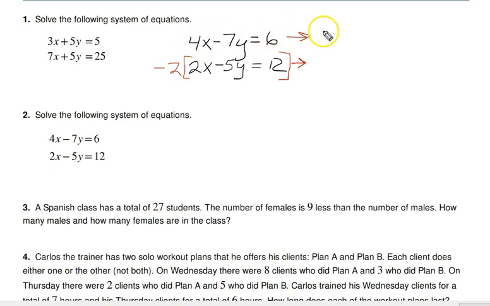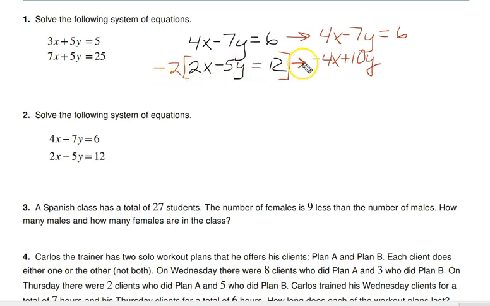Now I just copy this one straight ahead here. 4x minus 7y equals 6. Now I'm going to multiply this. -2 times 2x is a negative 4x. See, this is what I wanted to do. -2 times a negative 5y is a positive 10y.